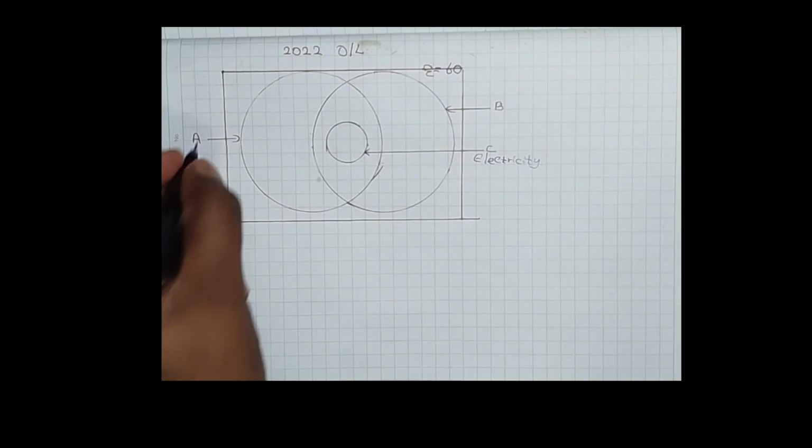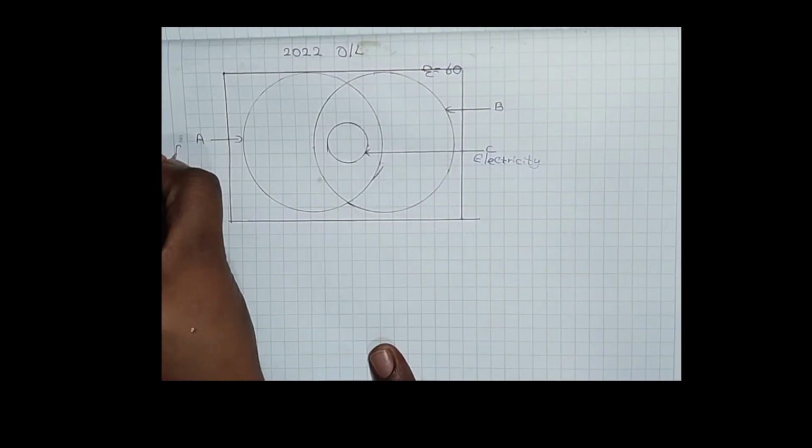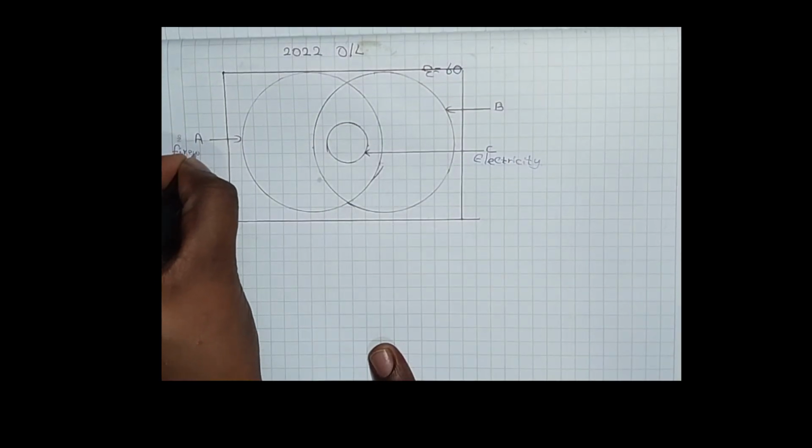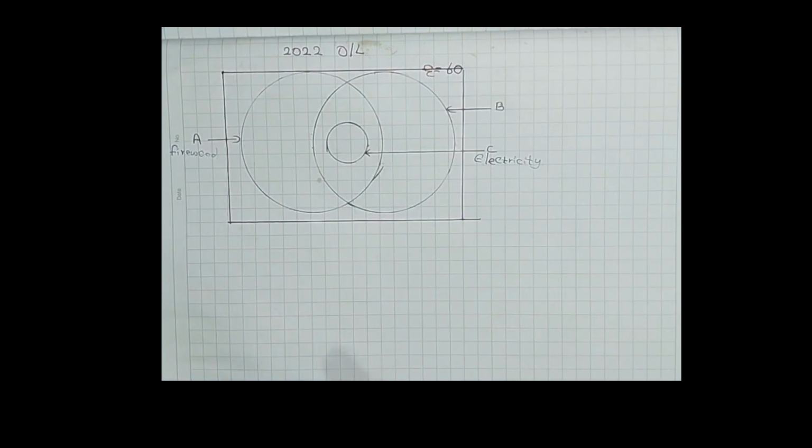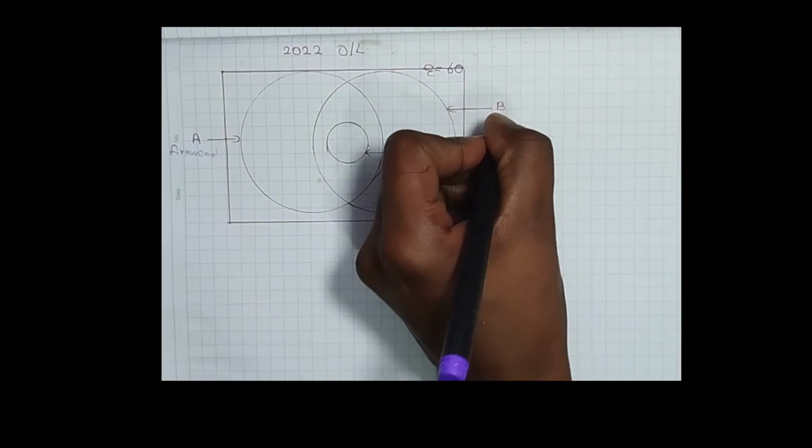Then it should be A, firewood. Now they are asking for the sets B and C. C we have already found from the information, so B should be the gas.